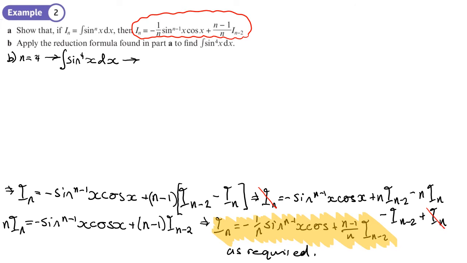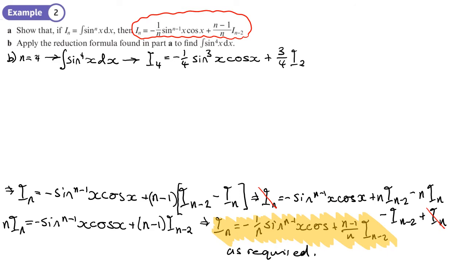So n equals 4 into the reduction formula gives I sub 4 equals a quarter sine cubed x cos x, plus, and that will be n minus 1, 3 over 4, I sub 4 minus 2, so it'll be I sub 2.